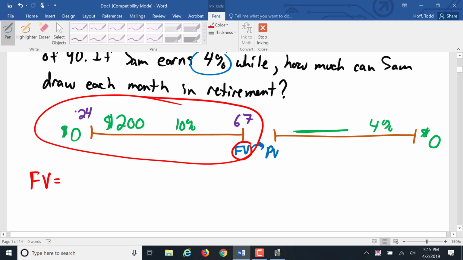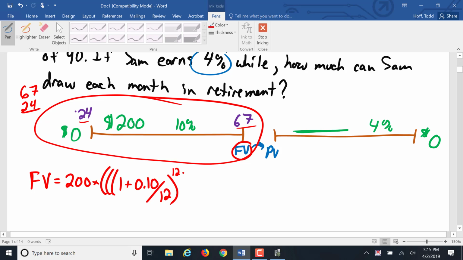So that future value is going to equal that $200 a month times 1, 2, 3 parentheses, 1 plus our rate R is 10%, so 0.10 divided by, it's monthly, so divided by 12. The power of 12 times, we have to do our years, 24 to 67. 67 minus 24 is 33 years.